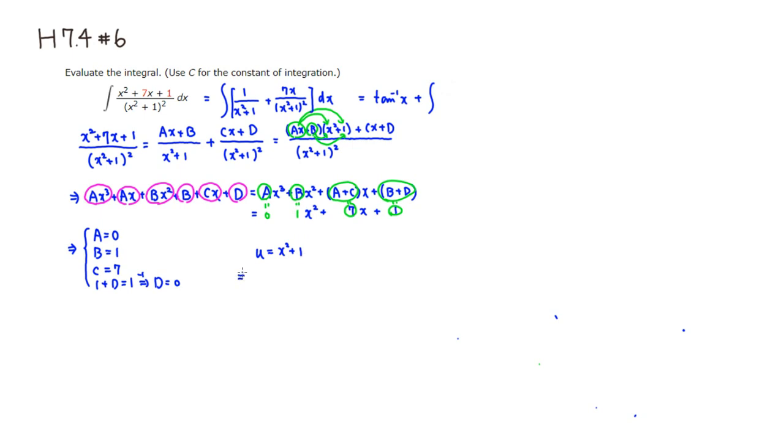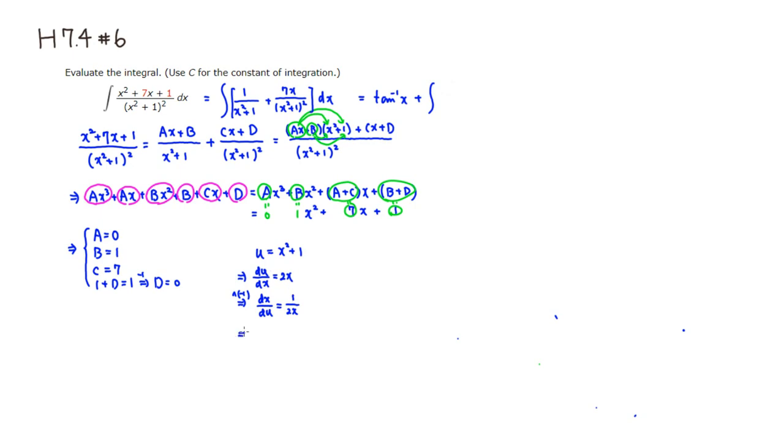If you take the derivative of u with respect to x, we'll get 2x. Then we can just take the reciprocal of both sides. Then you have dx over du is equal to 1 over 2x.